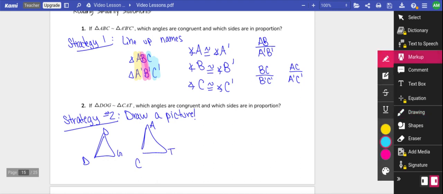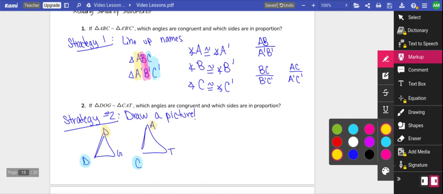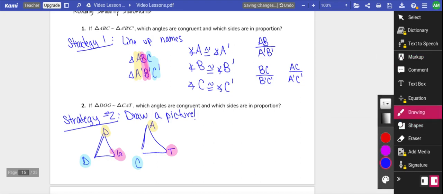Now, because we drew our triangles, we put the corresponding parts in the same position. So it actually helps us a lot when we go to determine the corresponding parts and which sides and angles go together.